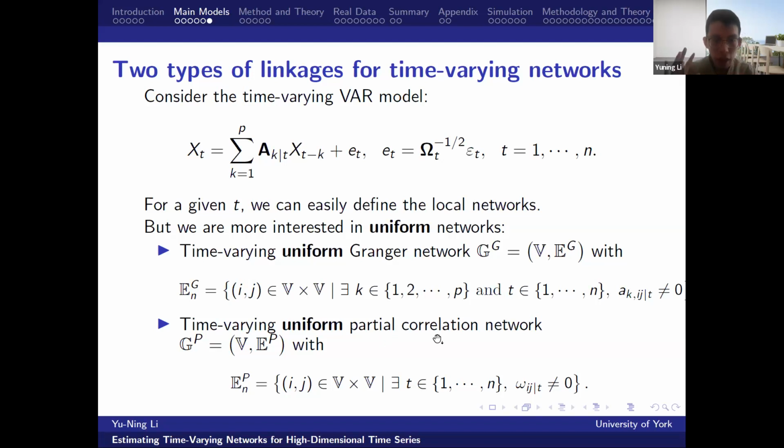And similarly, we have the uniform partial correlation network. If for some time t the ij entry of the precision matrix is not equal to 0, then we have a link between these two variables. So these two networks are what we want to estimate.